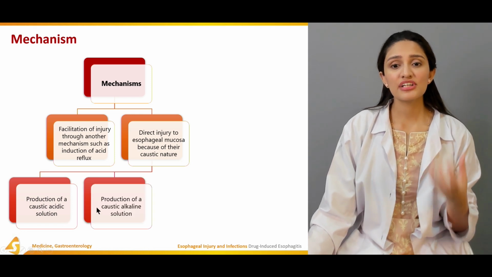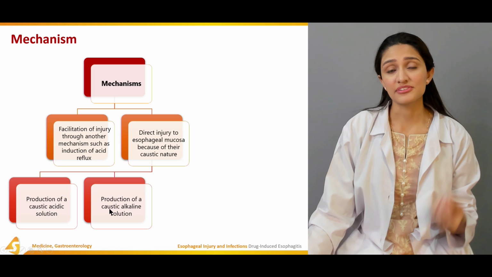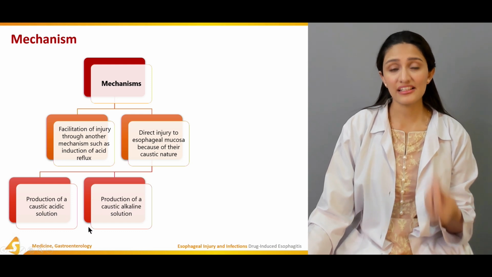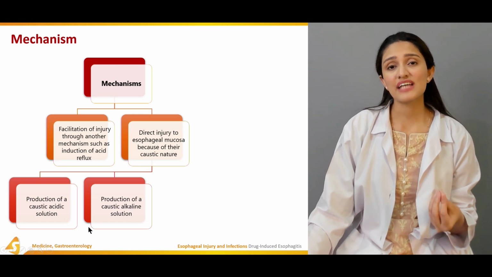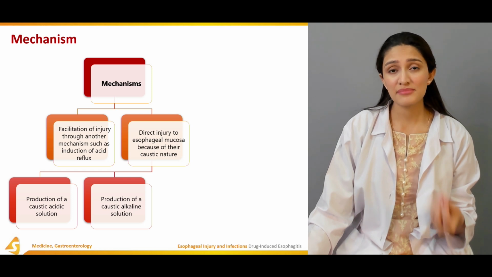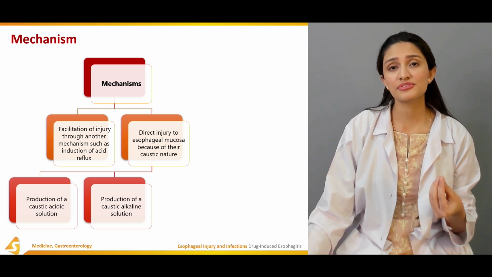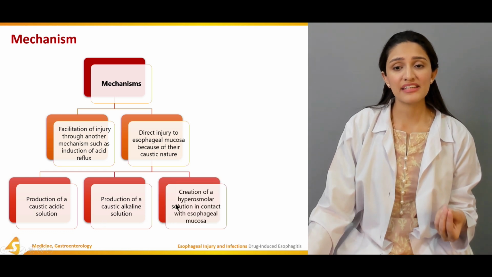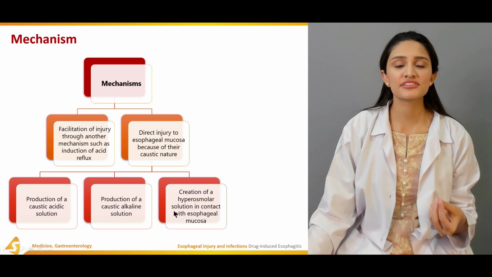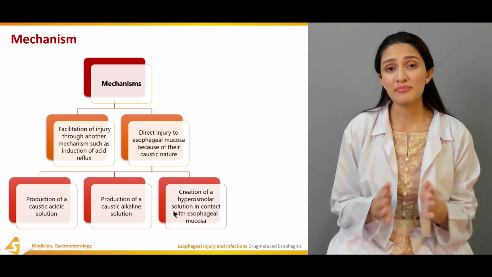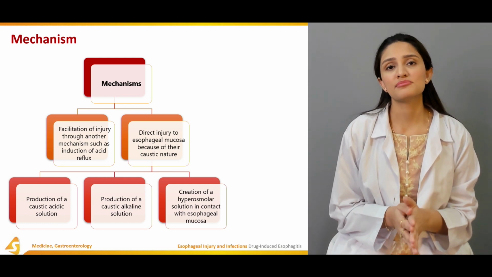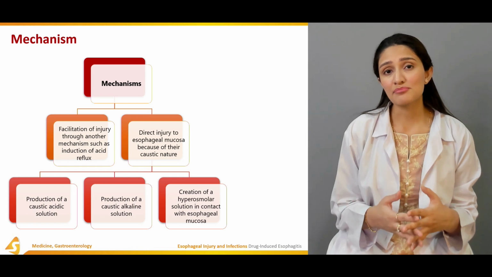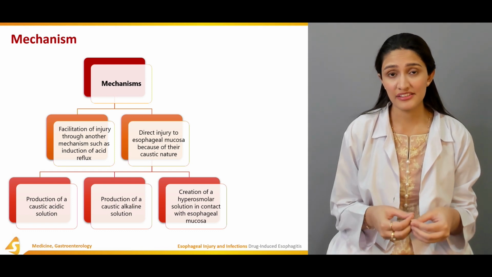The second is the production of a caustic alkaline solution. That was the acid solution, but this is the alkaline solution. An example is alendronate, a medicine we specifically use for osteoporosis. The third type of mechanism is the creation of a hyperosmolar solution whenever a medicine is in contact with the esophageal mucosa. An example could be potassium chloride.